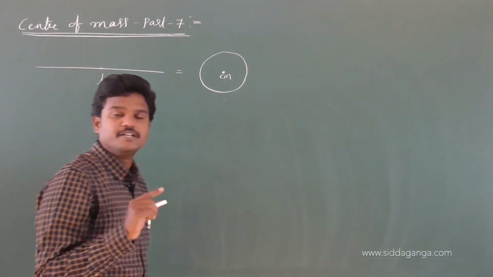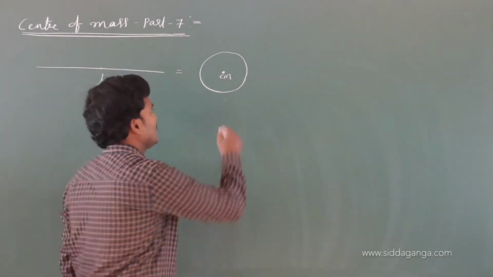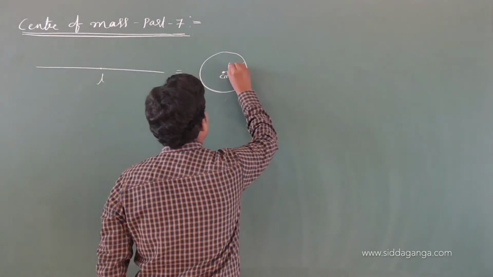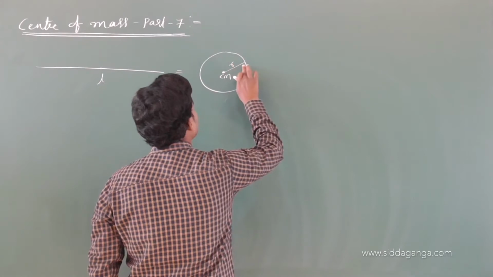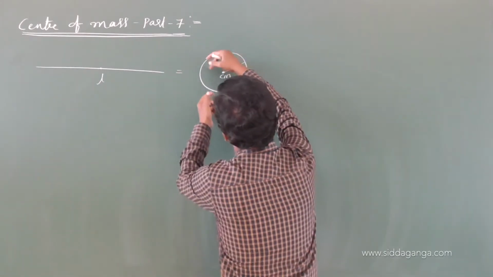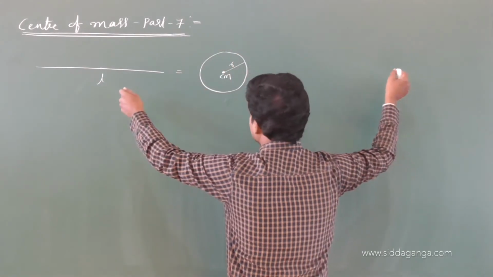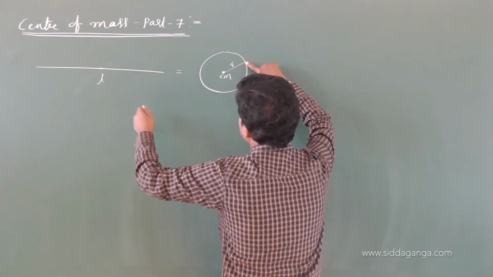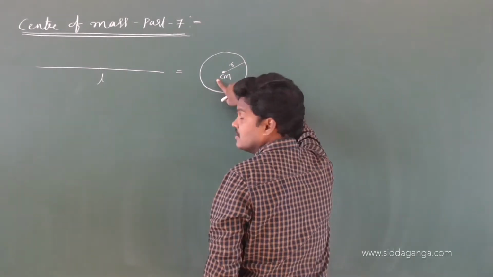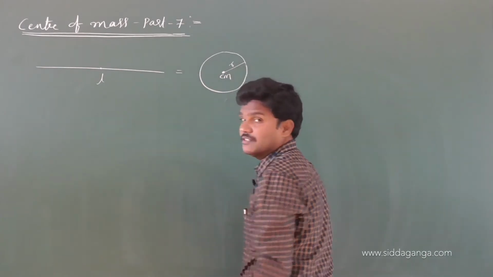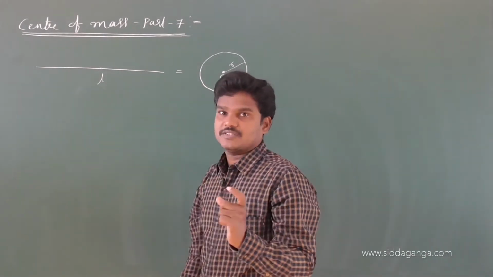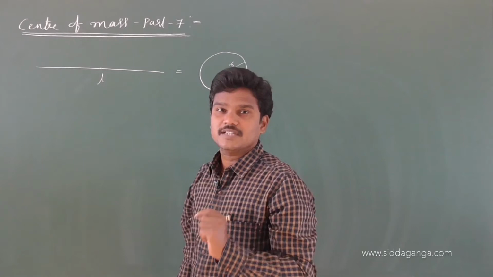Wire is bent into the form of a circle whose radius is taken as r. If you cut this wire and straighten it, this is the initial center of mass and this is the next center of mass. So this r gives the distance of center of mass, that is nothing but the shift in center of mass.